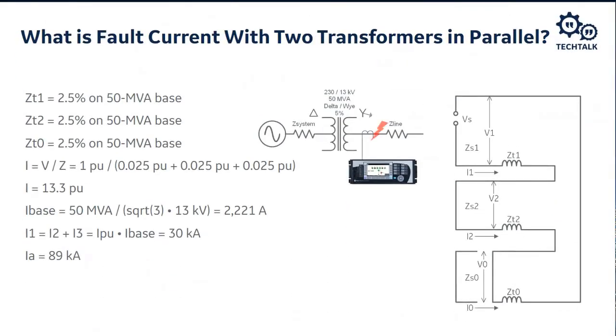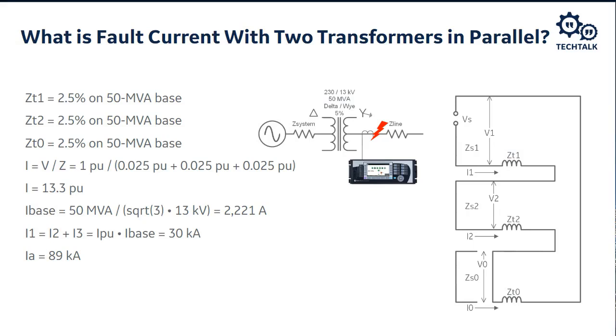One of the fascinating things here is what happens if I put 2 of these transformers in parallel, which you never do. If we do this same calculation, with 2 transformers in parallel you've essentially halved your impedance. So instead of 6.6 per unit, my fault current is 13.3 per unit.